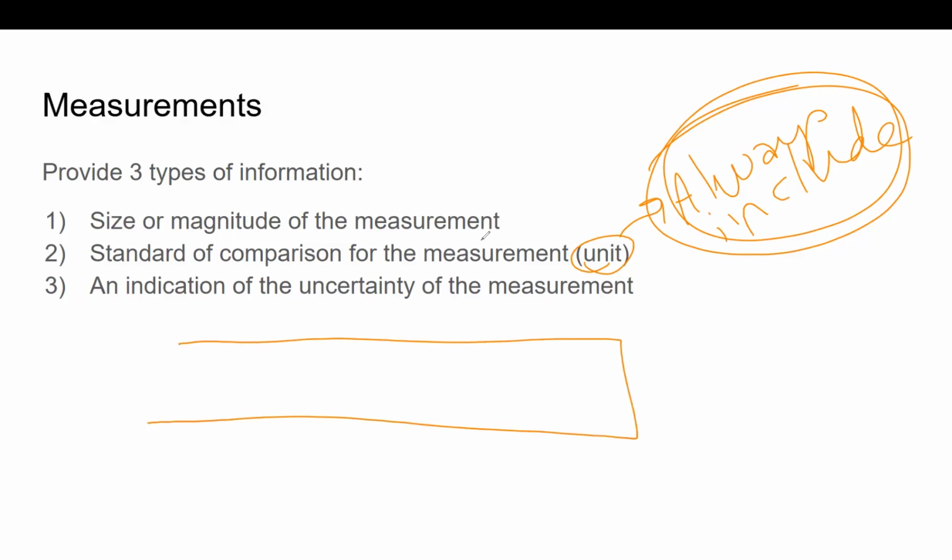For example, if we have a ruler here, we have all these marks. Say you're measuring something and it lines up right here. You put it up and you say, well, it comes right here.